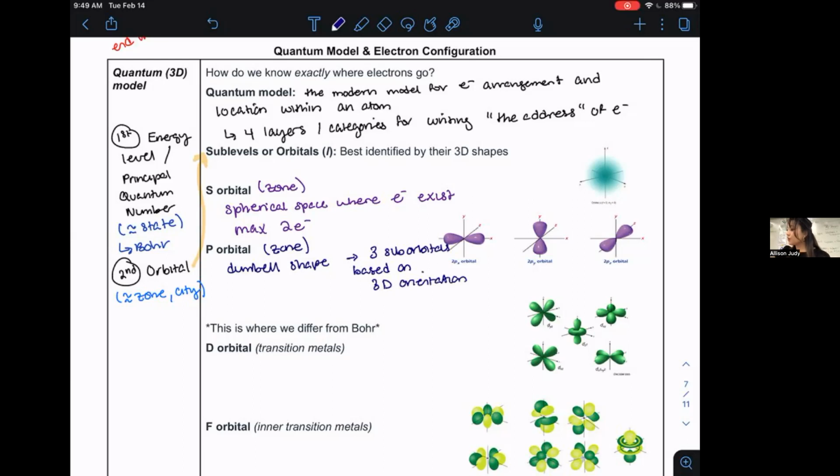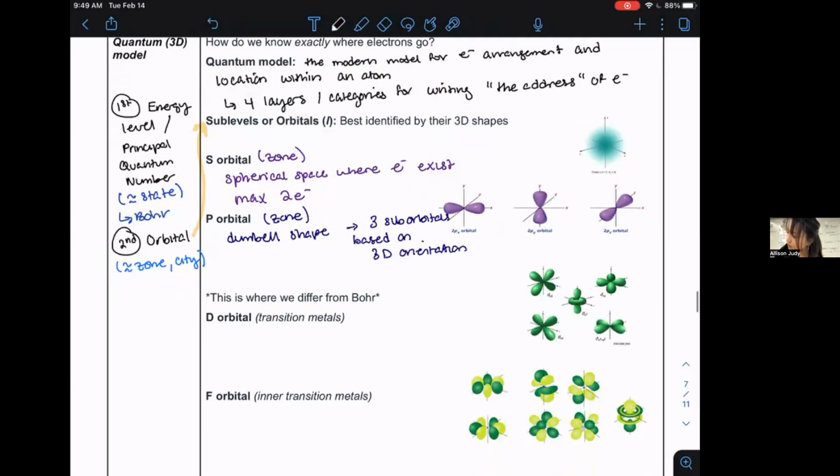So together, those dumbbells going on the X and Y, plus the dumbbells going on the X and Z, plus the dumbbells going on the Y and Z, together create the P zone. Kind of like a city. Just think about how much we zone and categorize cities. If you really want to go crazy, study how East Asia categorizes. I don't even understand province versus city versus town. It's crazy. Okay. So this dumbbell shape is made up of 3 suborbitals.